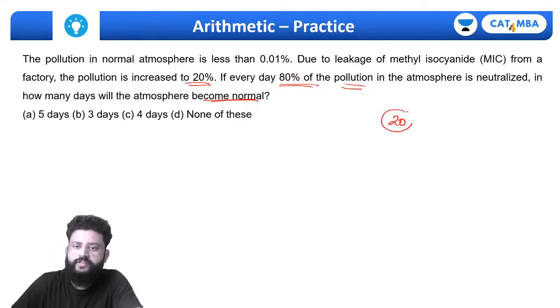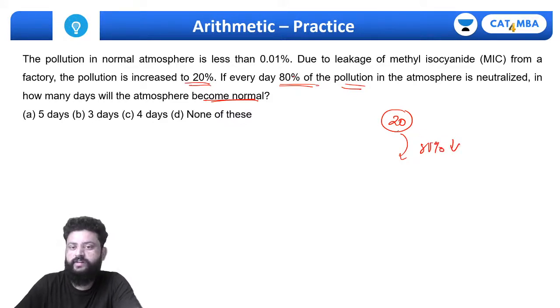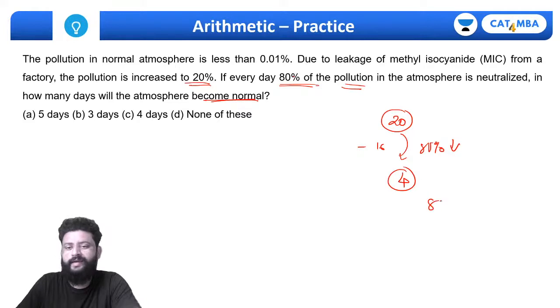So if it is 20%, now we want this to be 0.01, so 80% decrease. So what is 80% decrease? 80% of this is 16, so it will just decrease by 16 on the first day itself. So this will come 4. Now again a decrease of 80%.